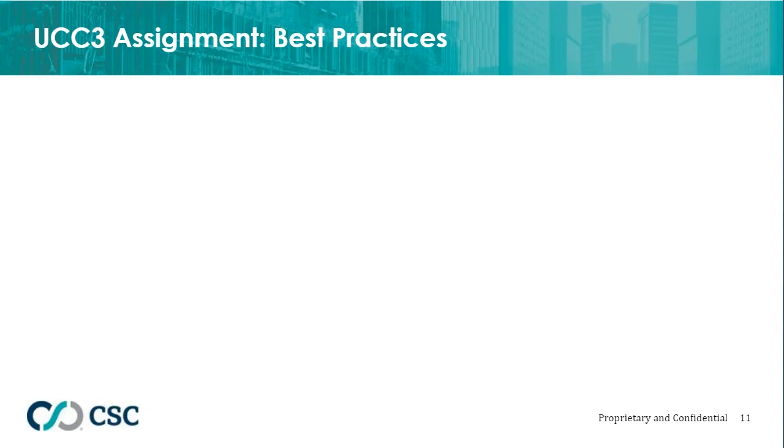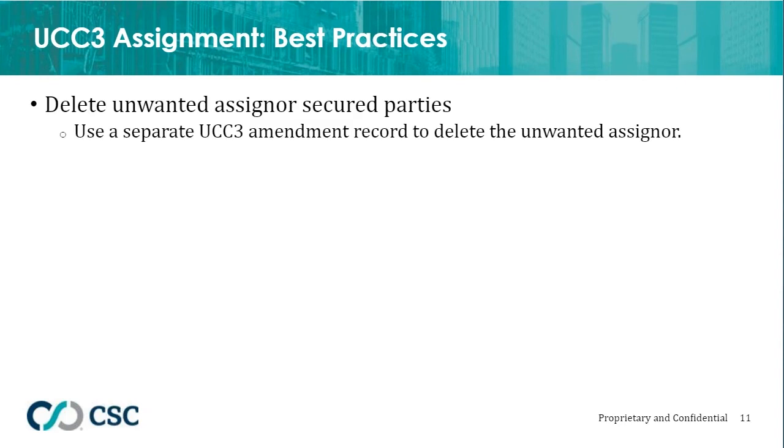So some best practices. From a filing perspective, if after filing an assignment, the parties do not want the assignor to remain a secured party of record, they should be filing a separate UCC3 amendment to delete the original secured party so that they don't remain a secured party of record.